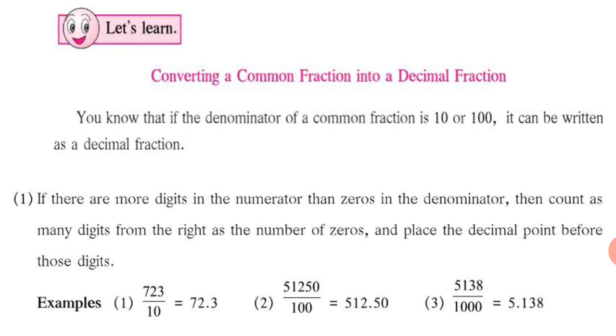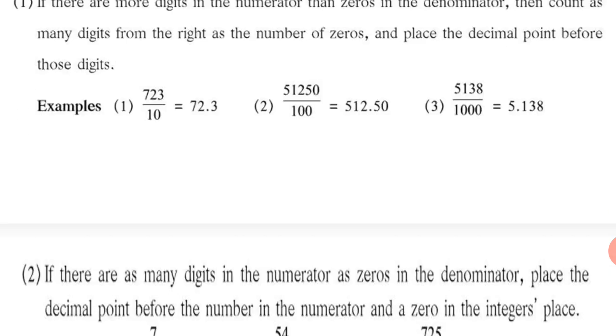So in this example, what we have learned, that if there are more digits in the numerator than zeros in the denominator, then count as many digits from the right as the number of zeros and place the decimal point before those digits. So this way you can get your answer quite easily. Let's have a look at some more examples.